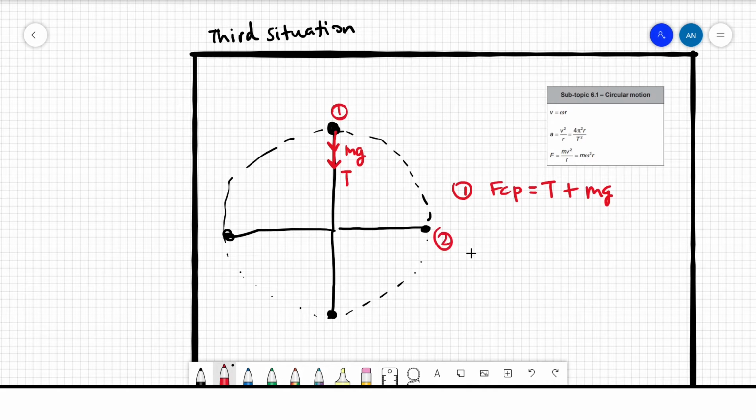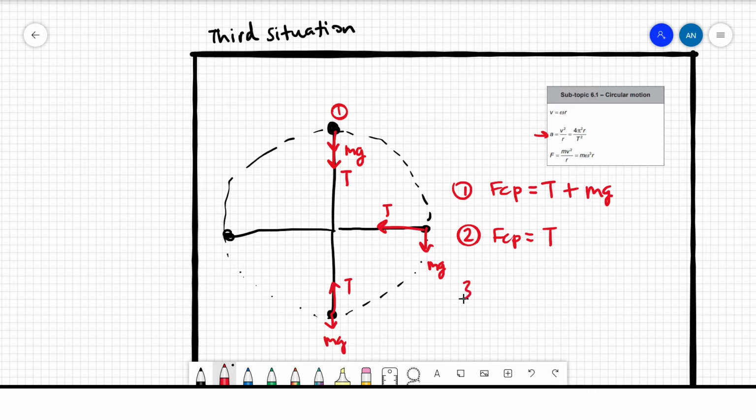Now let's have a look at the second situation. For the second situation, mg is down and tension is towards the center again. This means for the second situation, we have FCP just equal to tension, because that is the only force acting in towards the center. Now, let's take the third situation. mg down, tension up.